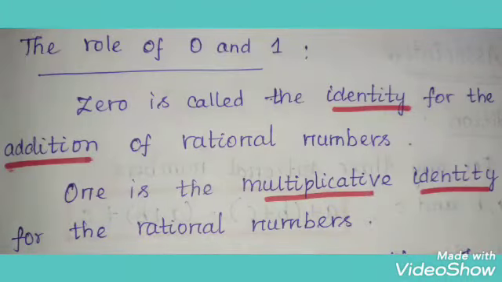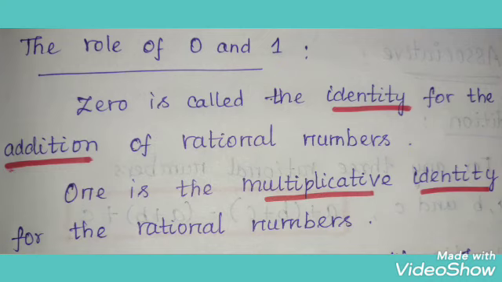Next, the role of 0 and 1, right? 0 is called the identity for the addition of rational numbers, right? This is your identity property. 1 is the multiplicative identity for the rational numbers.